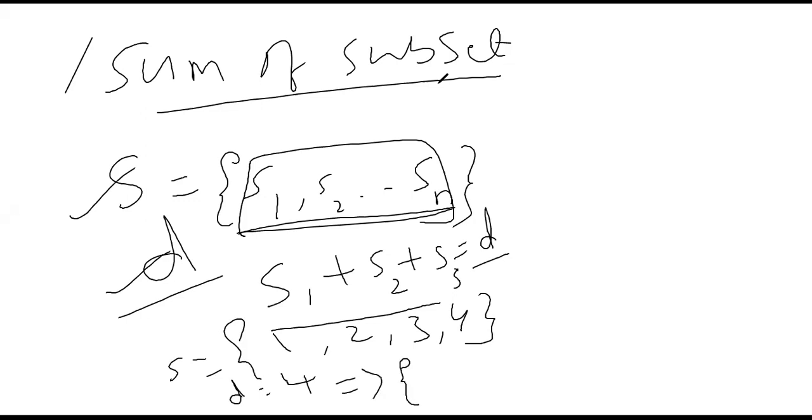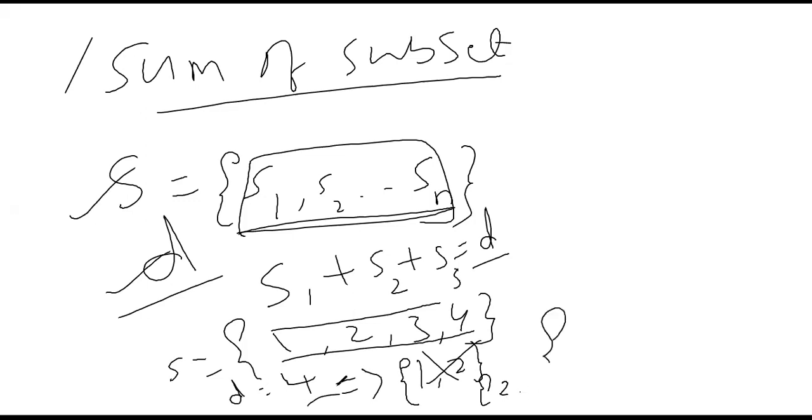So I need to find a subset for this given set. Say 1 comma 2, it's not possible. 1 2 3, it's not possible, correct? So this subset will not give me the solution. Then go for 2 3, will not give me the solution. Likewise, you need to derive various subsets such that the elements of the subset sum to 4.